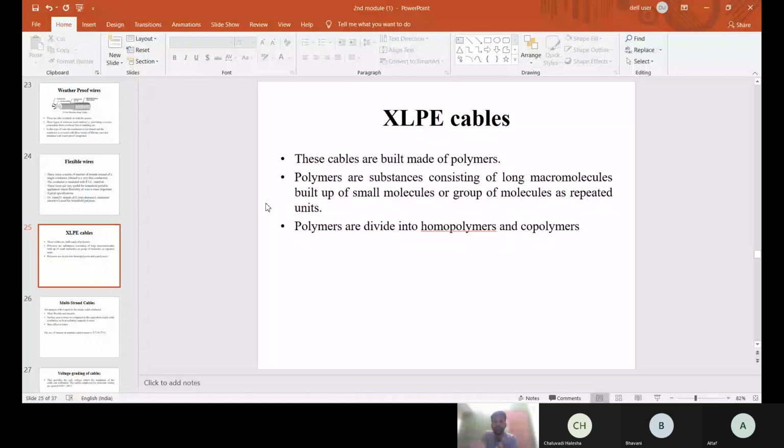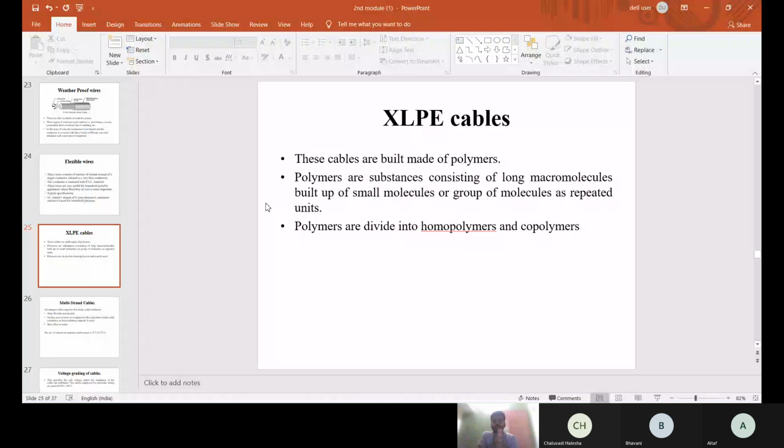The polymers are divided into homopolymers and copolymers. Normally they are used in UG cables. XLPE cables are cross-linked polyethylene cables, made by using these kinds of polymers.